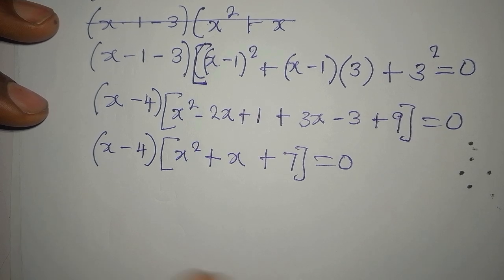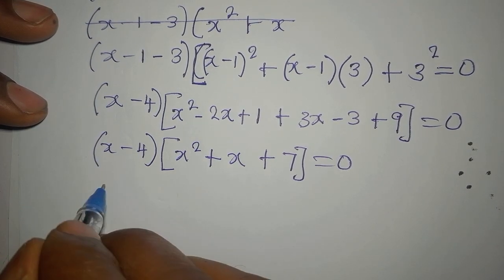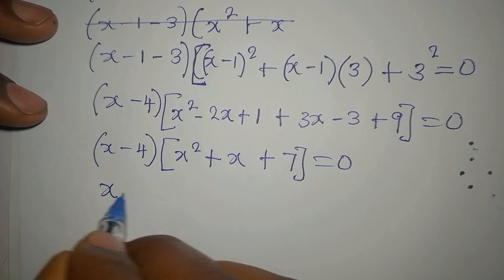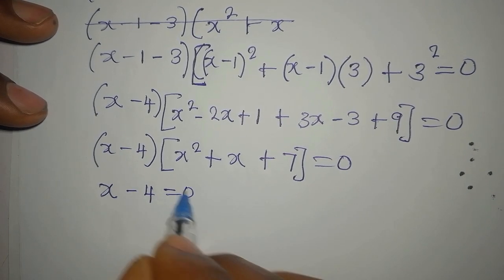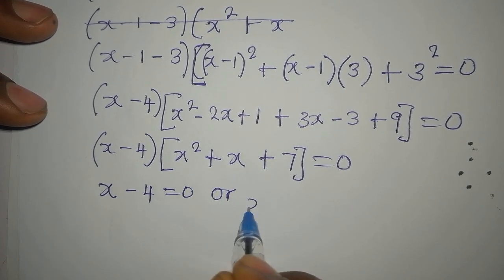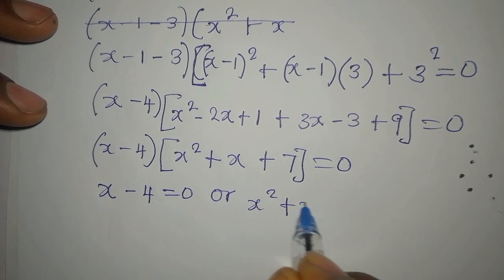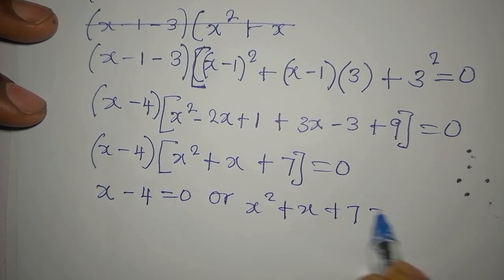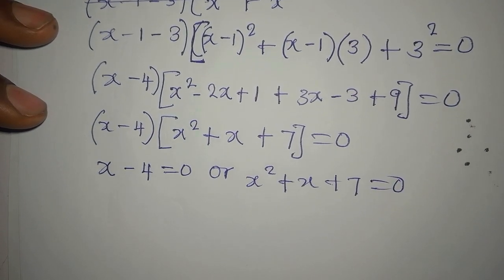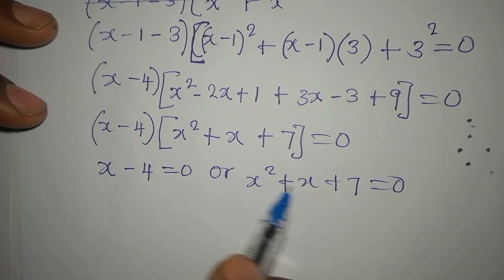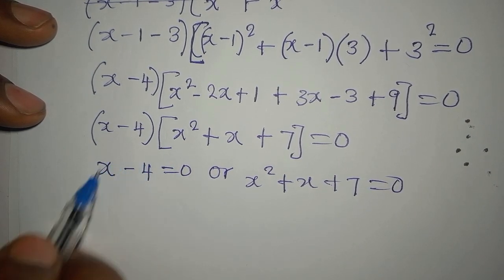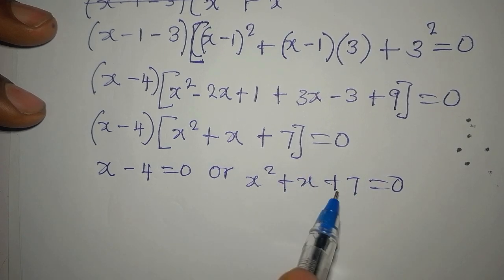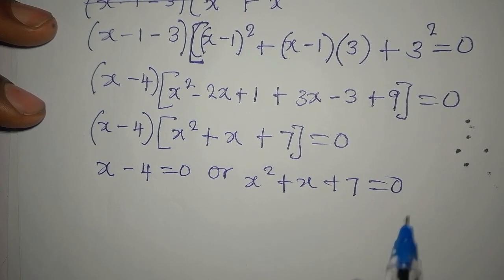Now, what can we say? We can say that either x − 4 = 0, or x^2 + x + 7 = 0. This is a linear equation and this is a quadratic equation. From here we shall have one solution, and from here we shall have two solutions.